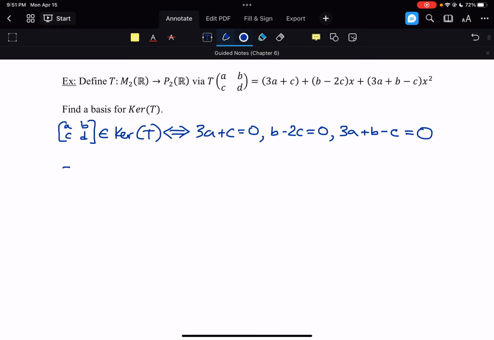So if we put all these equations in our matrix, that's going to be 3, 0, 1, 0, augmented with 0; 0, 1, negative 2, 0, 0; and 3, 1, negative 1, 0 with 0.